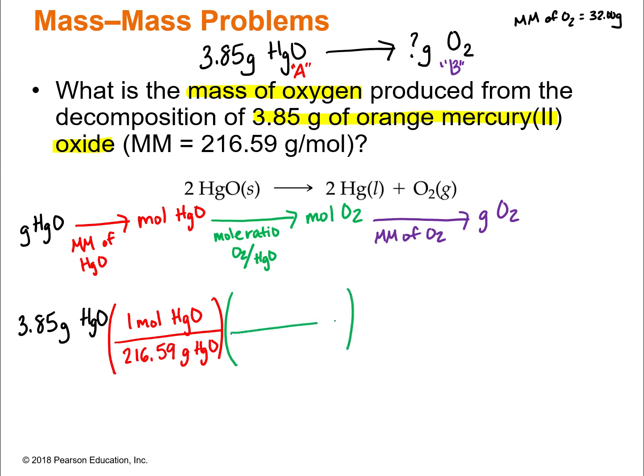Next comes our mole ratio. It's oxygen over mercury 2 oxide. Oxygen, we've got 1 mole. Mercury 2 oxide, we've got 2.